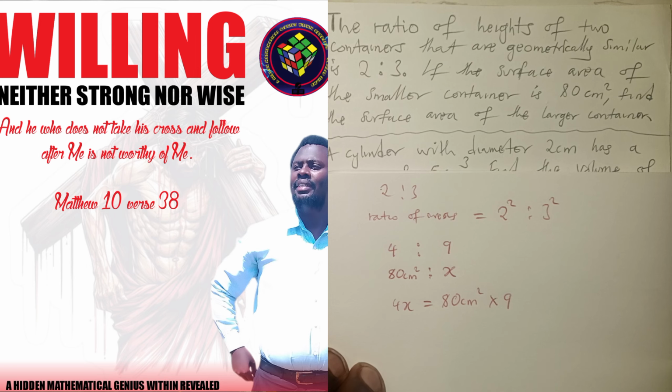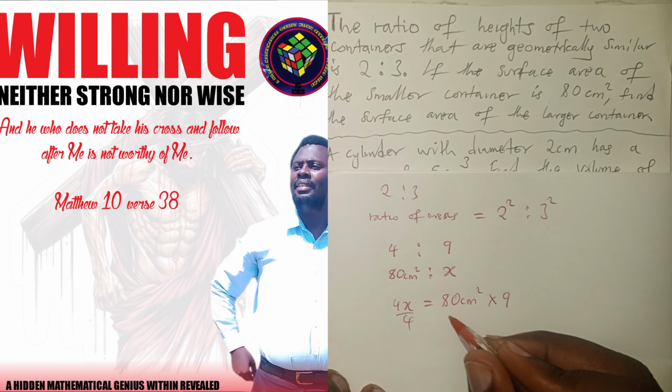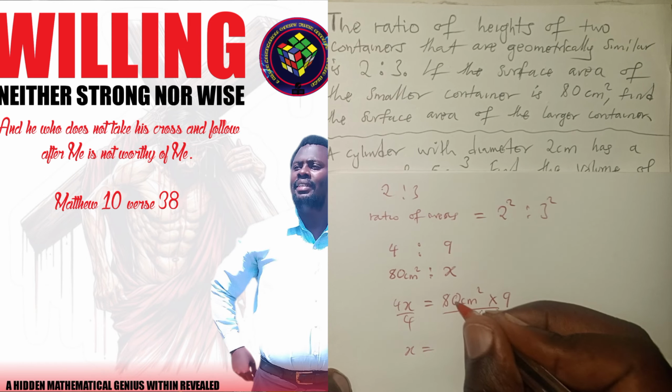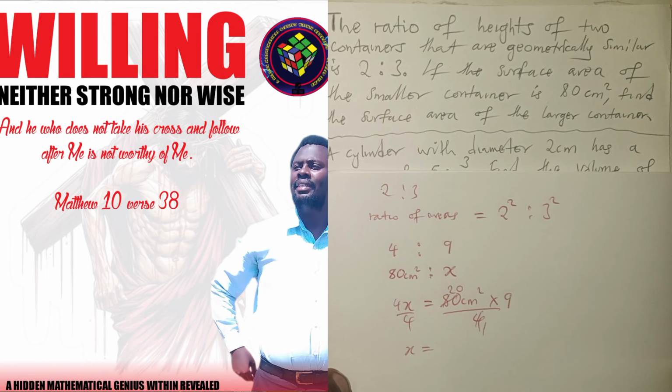So for us to remain with x, we are going to divide both sides of the equation by 4. So x is equal to, what is 4 in 80? Yes, 4 in 4 is 1, 4 in 8 you get 20, and 20 multiplied by 9 you get 180.